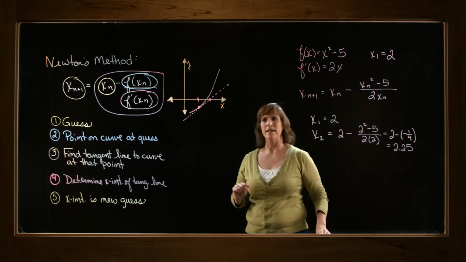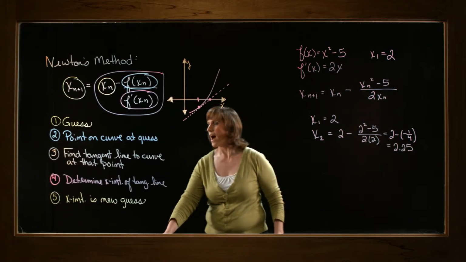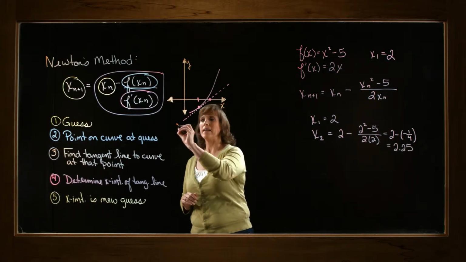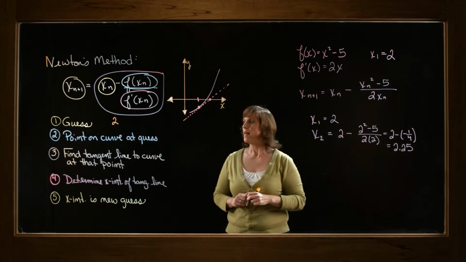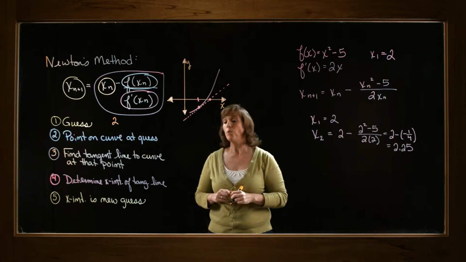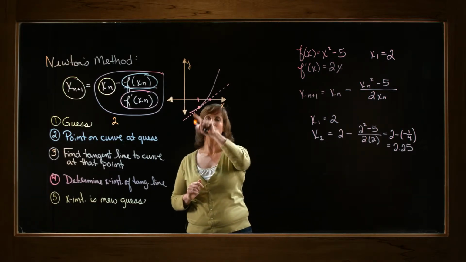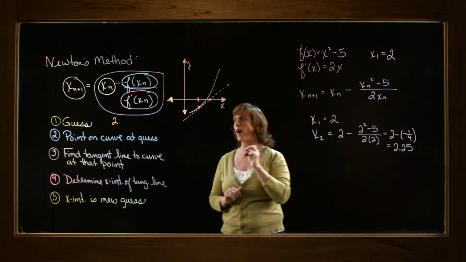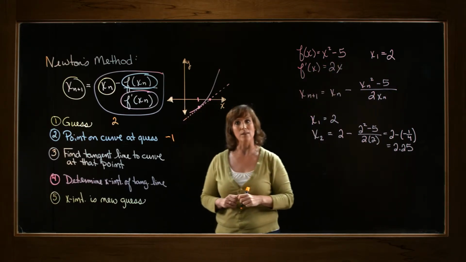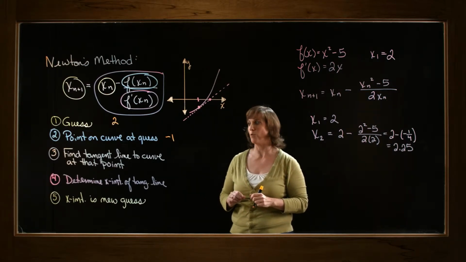Let's back up a minute and take a look at how that fit into my process. I started out with my guess of 2. Then I needed to find a point on the curve at my guess. If I plug 2 into my function, I have 4 minus 5, which is negative 1. Then I need to find the tangent line to the curve at that point.